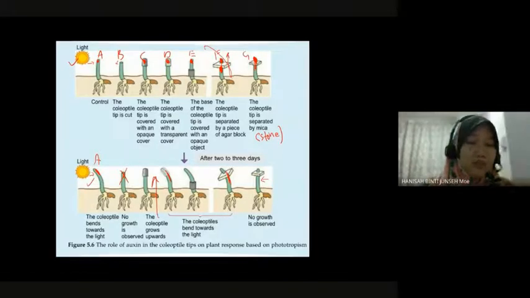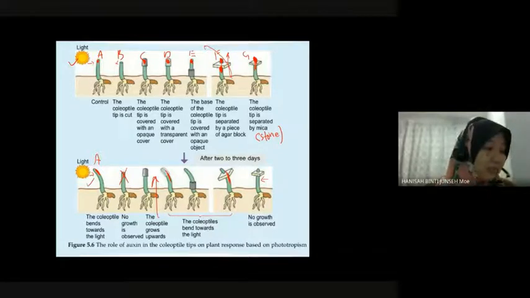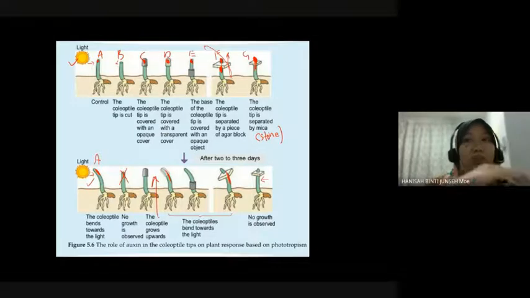Okay, and Sefo. Okay, so conclusion dia apa yang kita mau tunjuk, again and again it wants to show you that the auxin is responsible for phototropism. Because, why phototropism? Because this auxin is photophobic. Memang lucu lah juga kan, dia photophobic, tapi dia lah yang menyebabkan plants to bend towards the light.